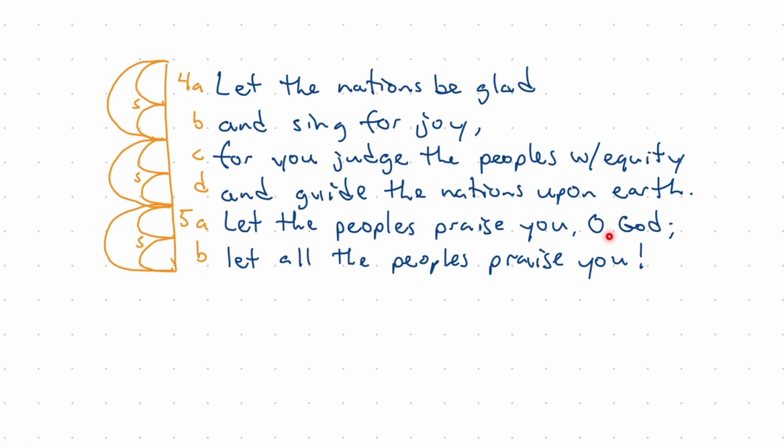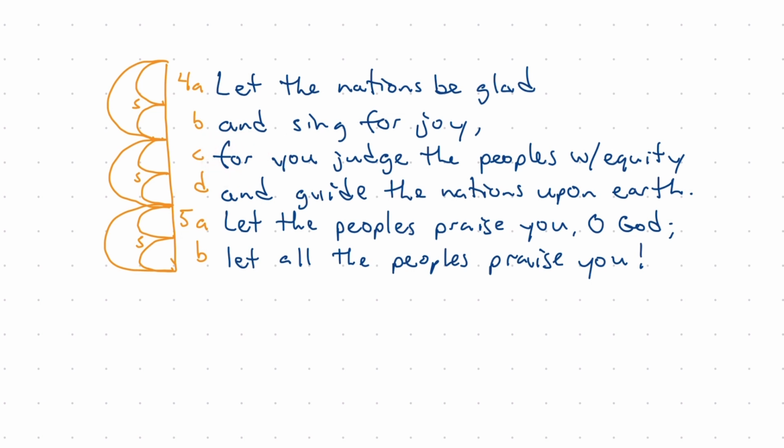Let the peoples praise you, O God. Let all the peoples praise you. Two propositions that equally contribute. So we have three sets of propositions set in series, 4AB, 4CD, and 5AB.